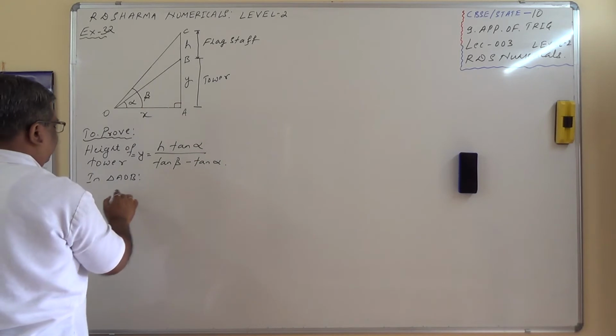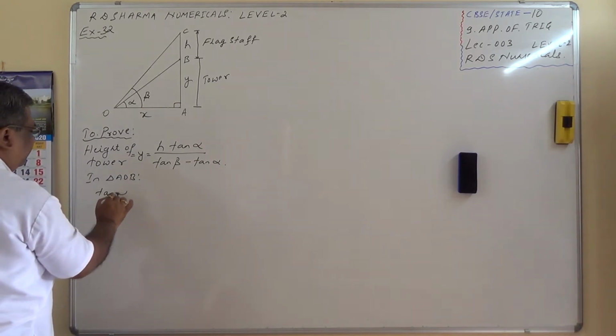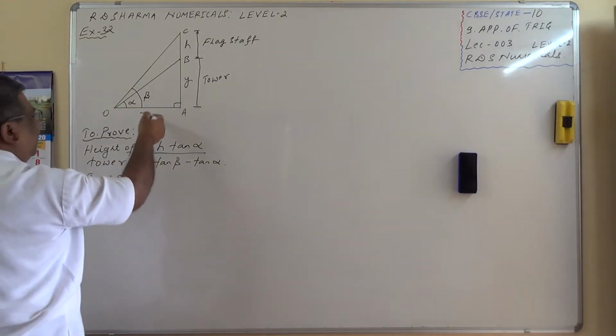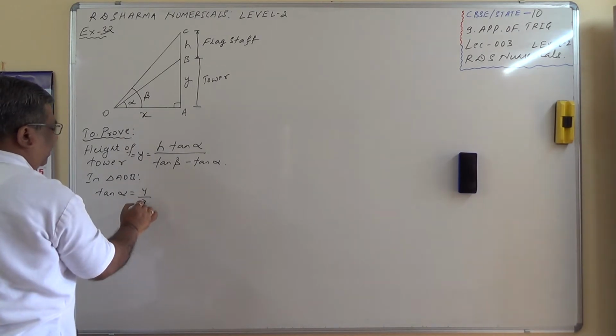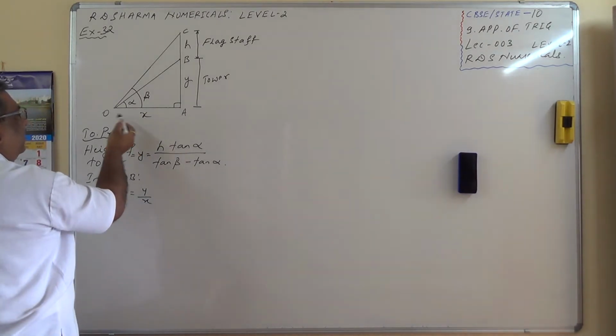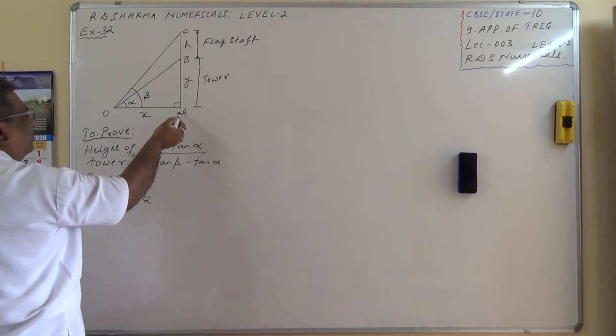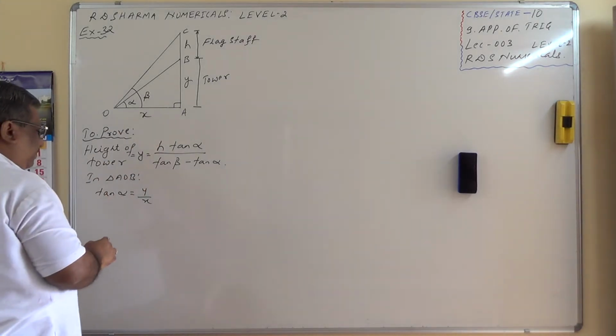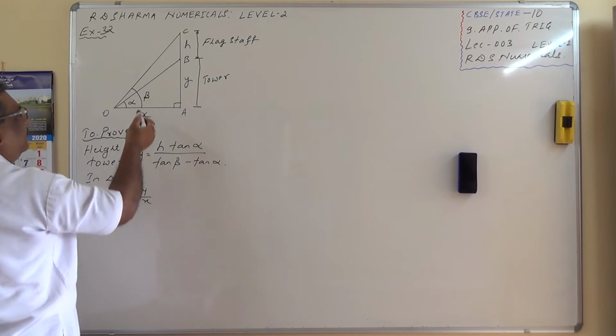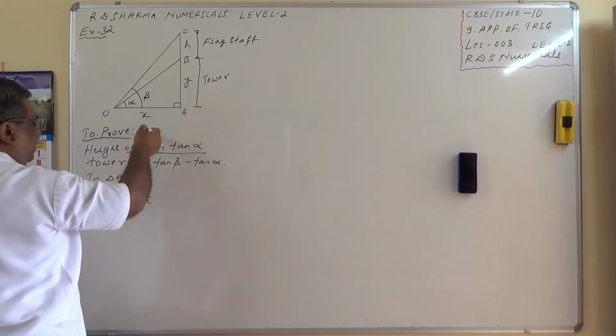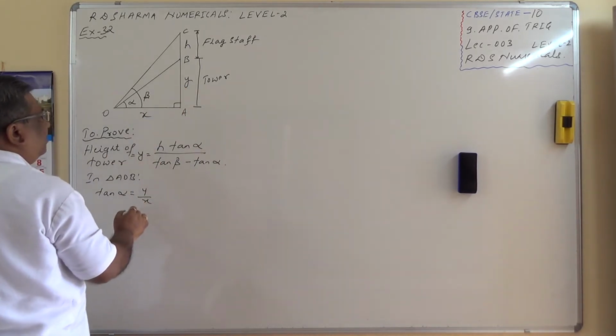tan of alpha equals y by x. What is this x? X is the distance from the foot of the tower to the point of observation. So tan alpha equals y divided by x.